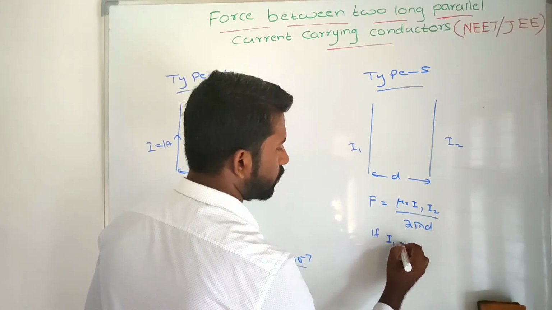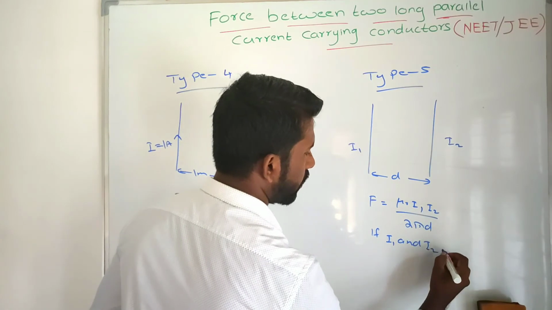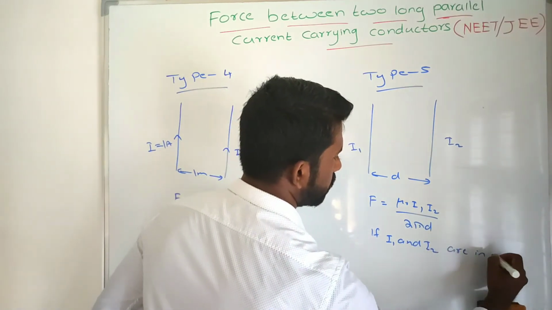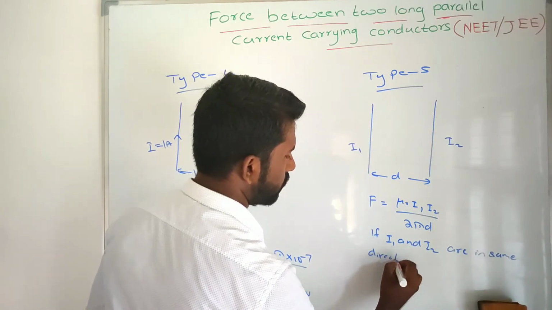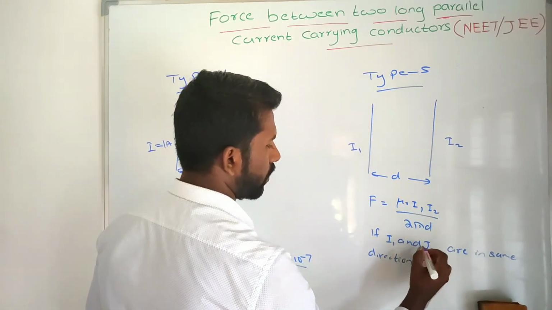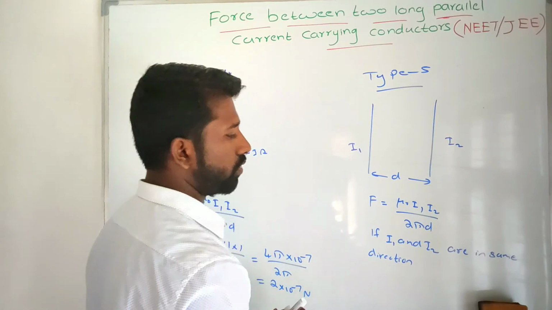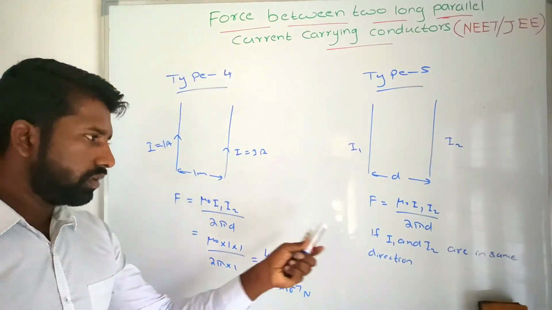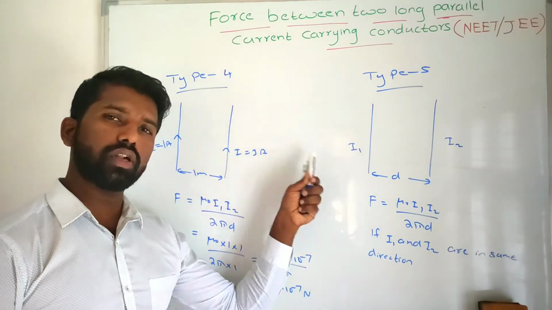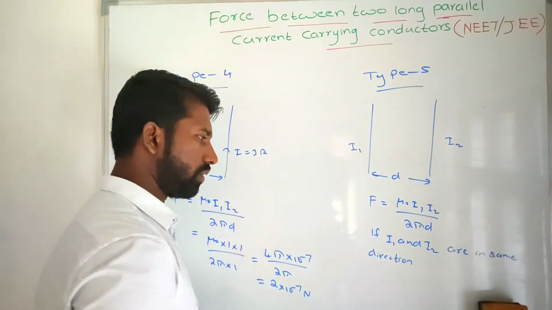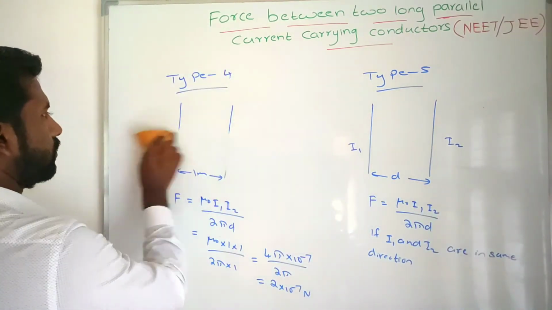If I1 and I2 are in the same direction, what about I1 into I2? I1 into I2 is positive, and the force also will be positive. Okay, then now you see.